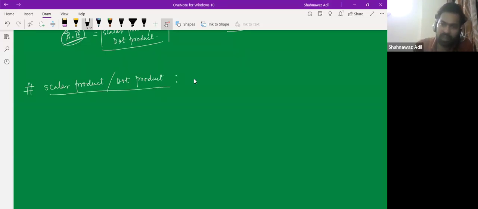This is written as A dot B, and it is given by AB cos theta.